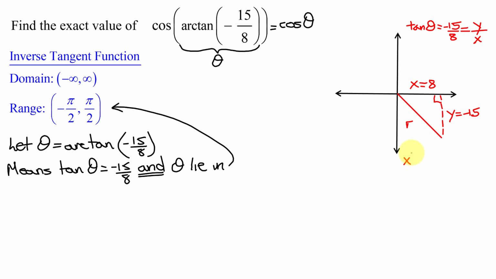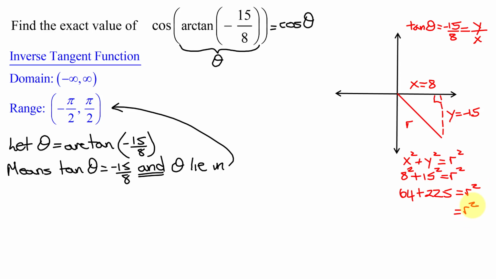Using Pythagoras. x squared plus y squared equals r squared. 8 squared plus 15 squared has to equal r squared. 8 squared is 64, 15 squared is 225, equals r squared.